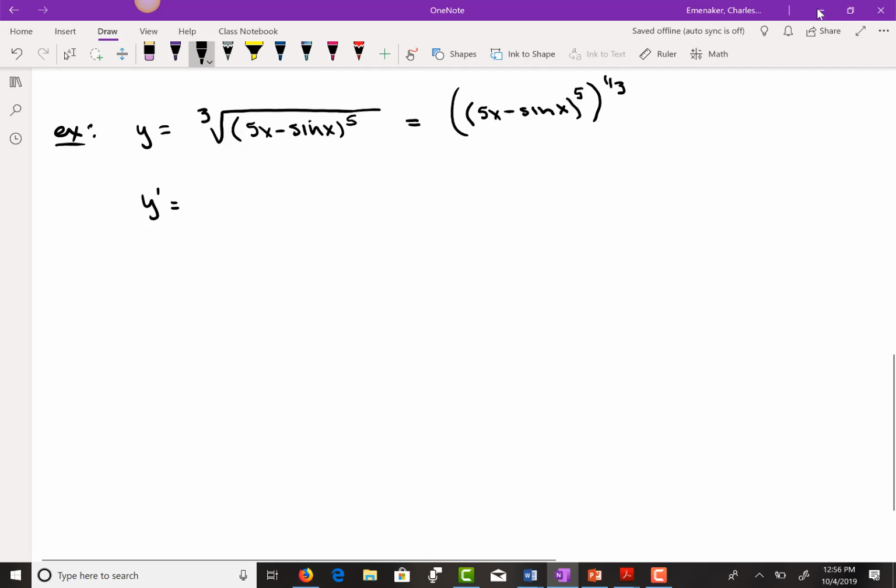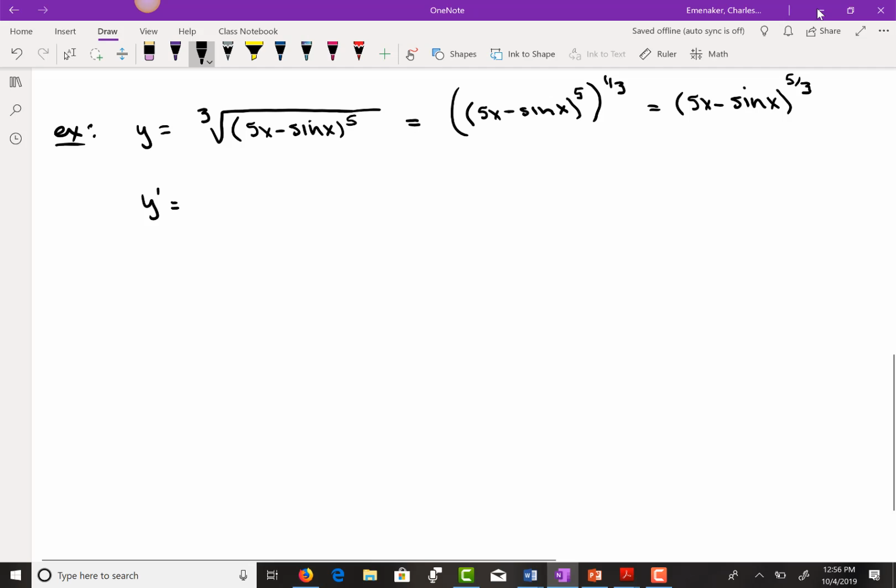When you have a power raised to a power, what do you do to the 2 exponents? You multiply them. So this can be rewritten as 5x minus the sine of x raised to the 5/3 power. Does that make sense?